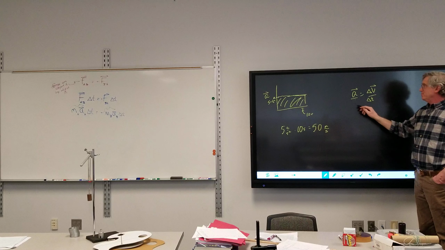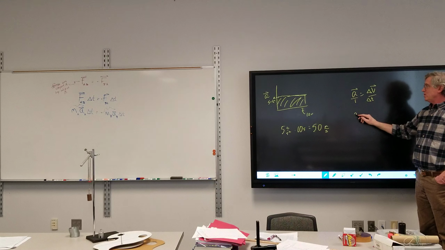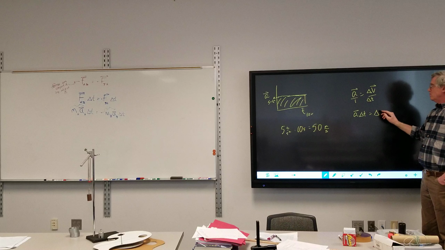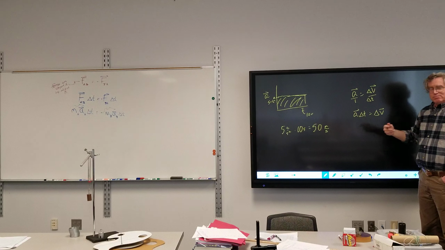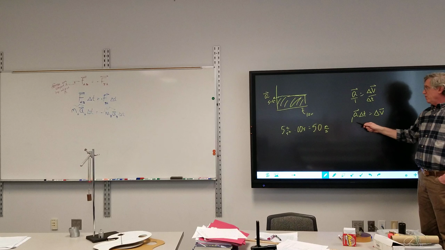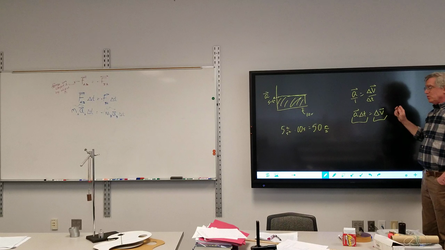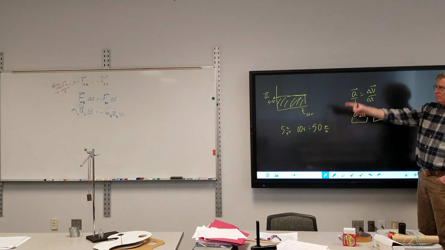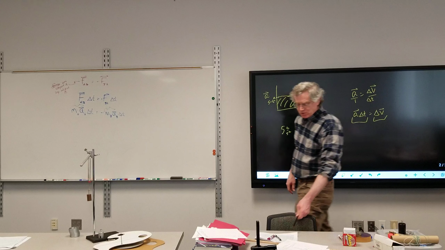If I cross multiply here, I get acceleration times change in time is equal to 1 times change in velocity. This is what I was heading for. Acceleration times time is just equal to the velocity change. So, let's go back over there and substitute.